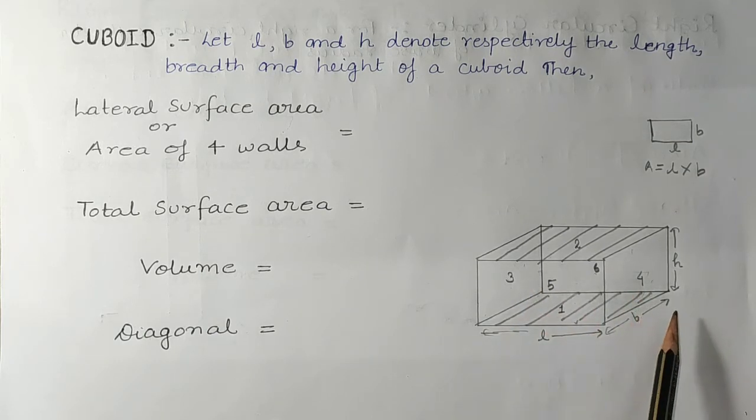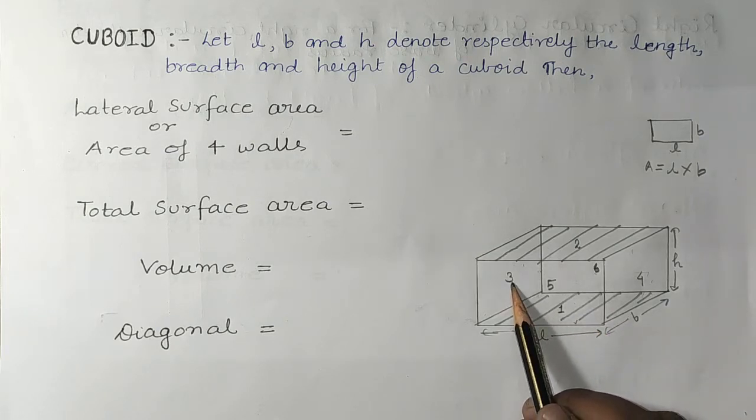So what is the area of the 4 walls? Since each surface is in the form of a rectangle, the opposite walls will have the same area. Think about it.